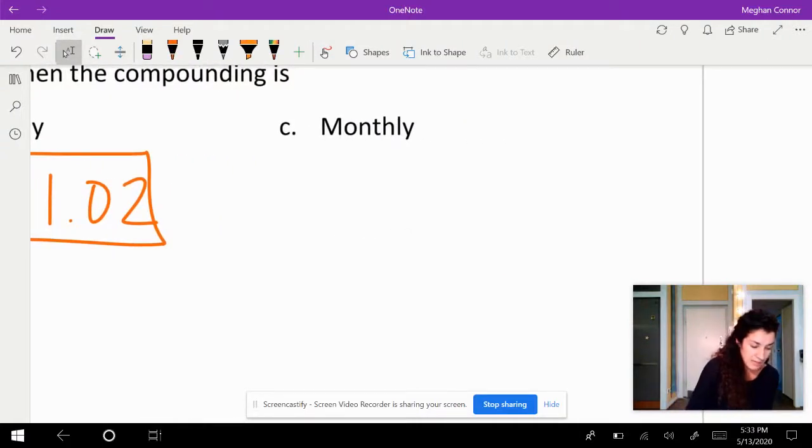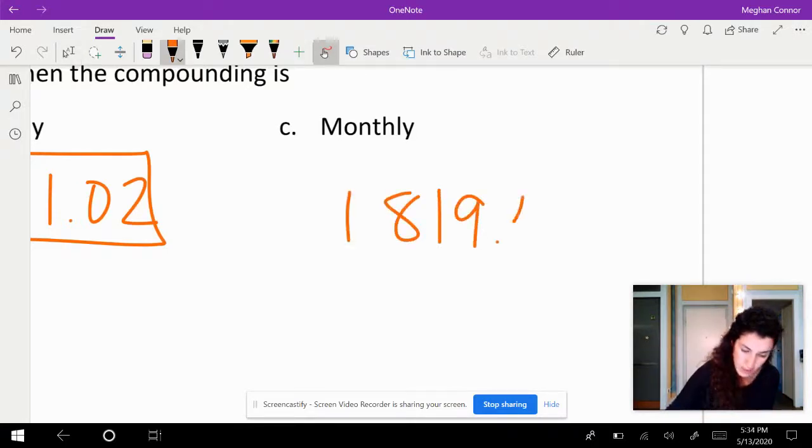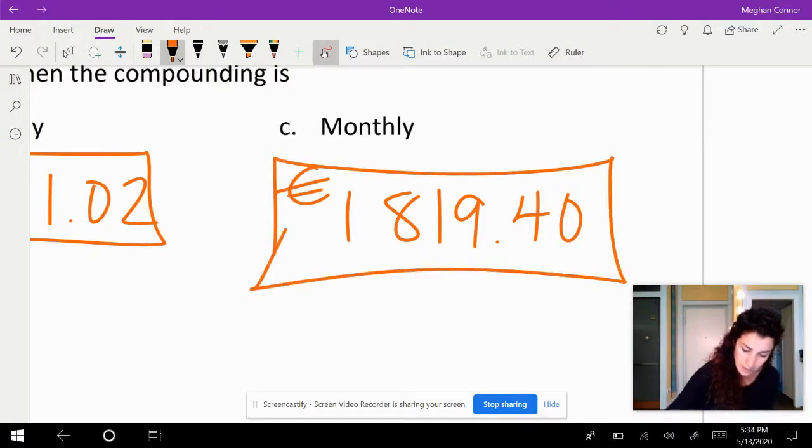Versus monthly, that means your number of compoundings is 12. Scroll up to your final value, press enter to get the new value, and we get 1,819.40 euro.